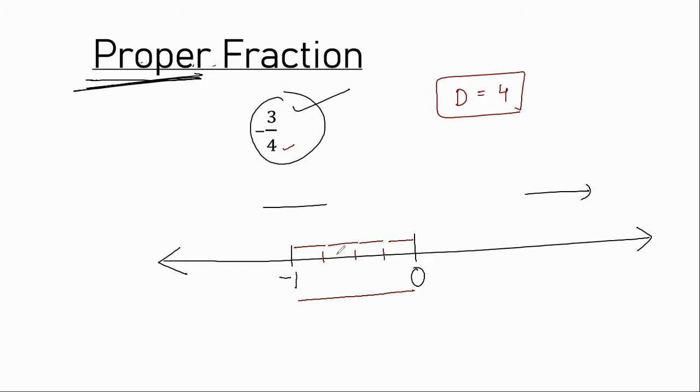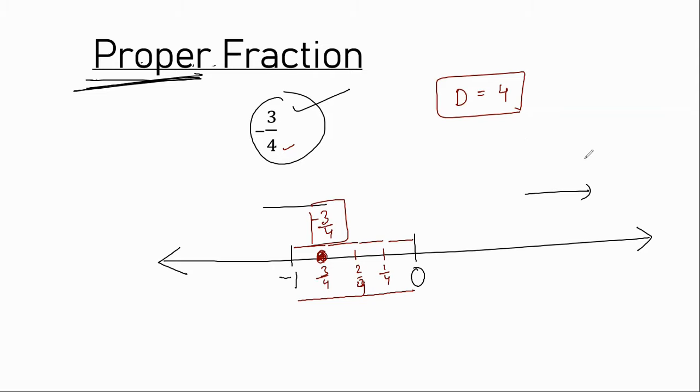Now from 0 we have to start. This is 1/4, this is 2/4, and this is 3/4. It means the number you have to put on the number line is this one, -3/4. A very important thing to understand: when the fraction is a proper fraction, the number will always lie between 0 and 1.